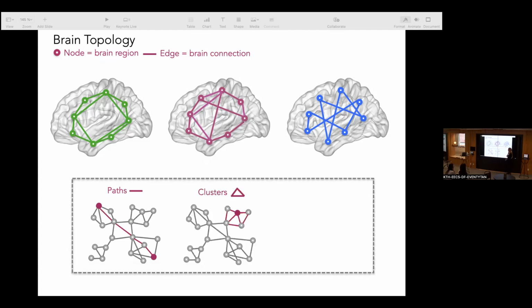Another important measure is the clusters, which reflect how well a specific node is connected to its neighbors, and also how the neighbors connect to each other, forming these sort of triangles between them. And finally, another measure that was also mentioned is the modules or communities, which are groups of brain regions that are very tightly connected within themselves, but not so much with the rest of the network, which was something that puzzled people initially.